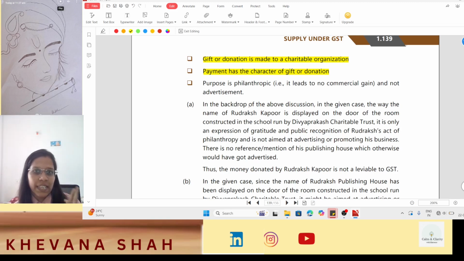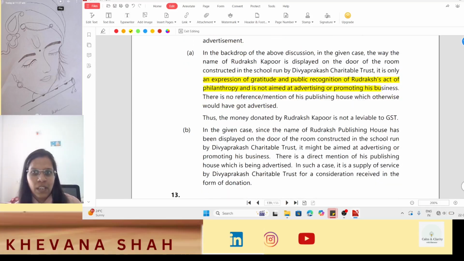So we have seen in case number 1 that it is only an expression of gratitude and public recognition of Rudraksh's act of philanthropy and is not aimed at advertisement, so GST is not leviable. And in the second case, we see that the name of the publishing house is displayed. It might be aimed at advertising or promoting, and so GST is leviable.